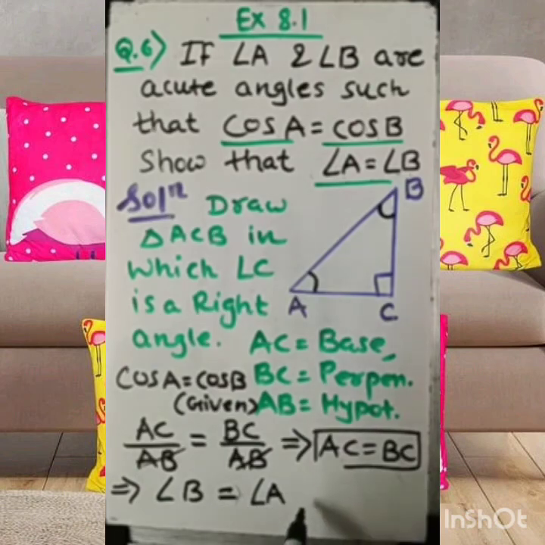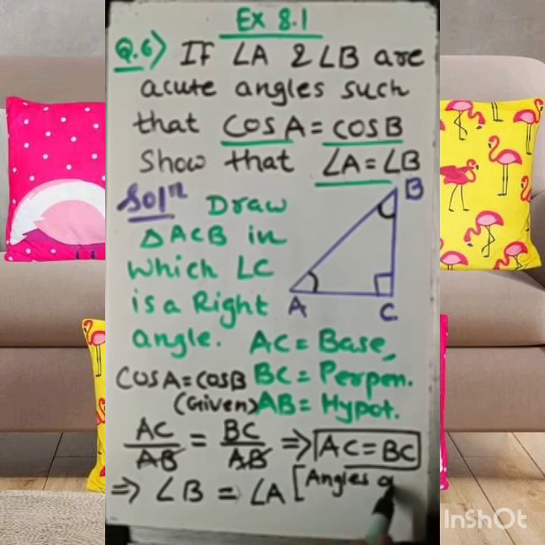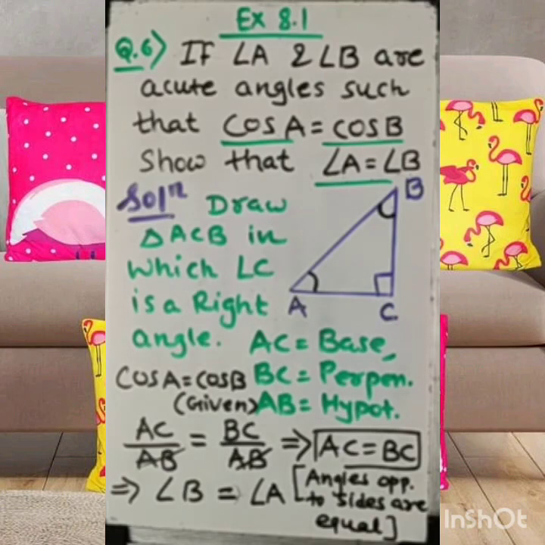As we know, in a triangle, angles opposite to equal sides are equal. This is the property of triangles which we have studied last year also. So angle B equal to angle A, or you can mention angle A equal to angle B. That is proved. This much only is the solution of question number 6. Easy.